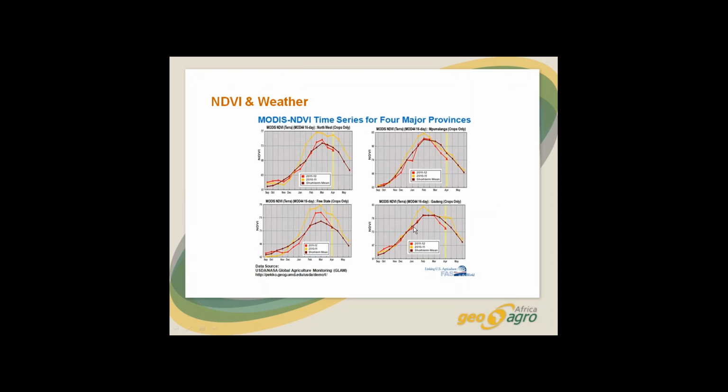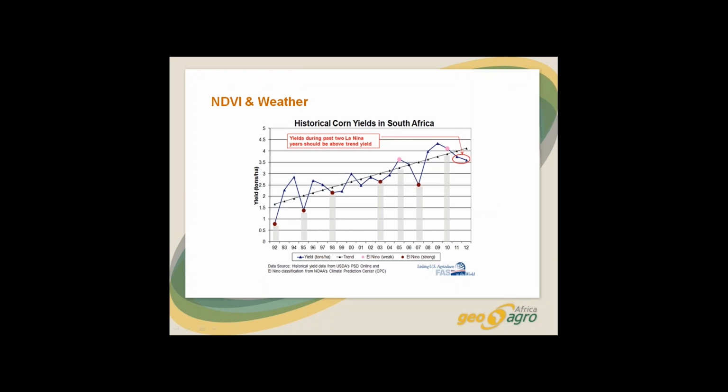So you can see the lower biomass due to scarce rains. And again, even though it should have been wetter than usual years, those were drier than usual years. So there they have the corn yields going below the average trends.